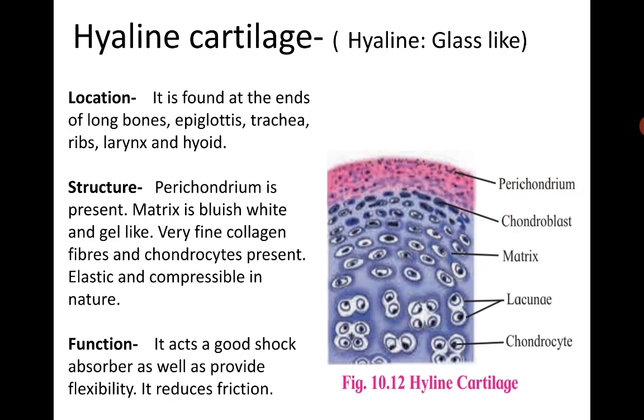Then the matrix is bluish in color and gel like. Very fine collagen fibers and chondrocytes are present. This cartilage is elastic and compressible in nature.